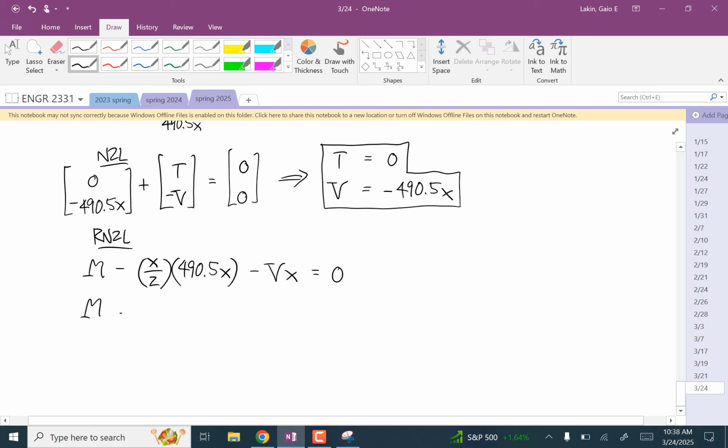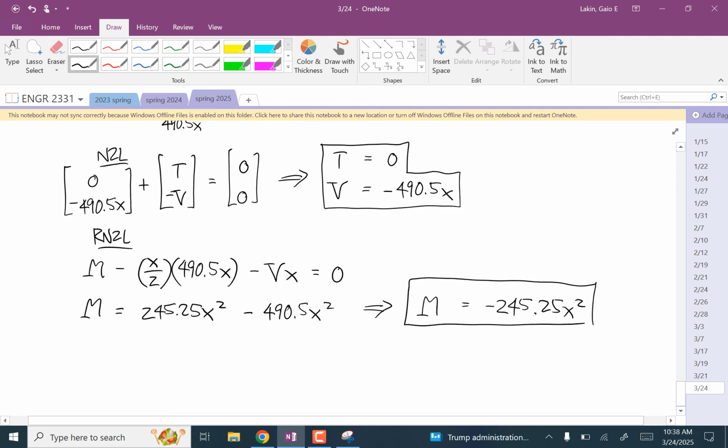So M is equal to positive 245.25 x squared minus 490.5 x squared, and so M is negative 245.25 x squared. That's more like it. So now the derivative relationships work. dM/dx is equal to V, and dV/dx is equal to that constant distributed load.